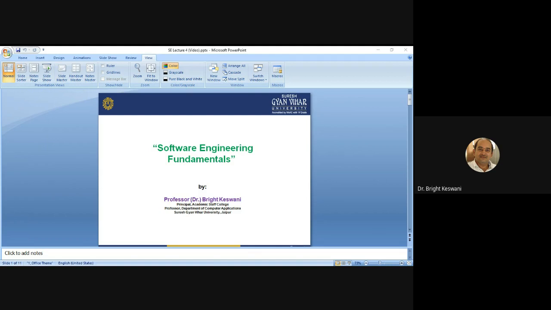So it is a very big question in front of the system during the system study. The next question is, will the proposed system cause harm? Will the proposed system cause harm? It is the next issue.